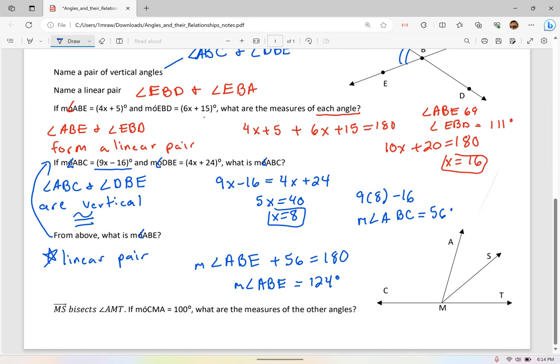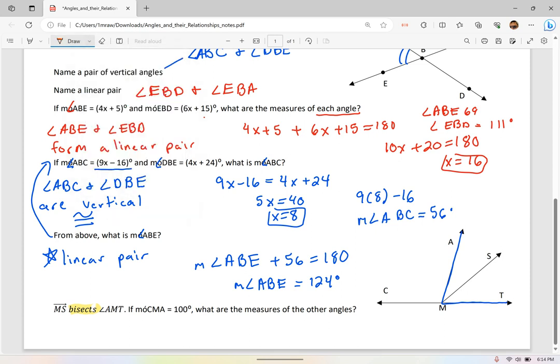Okay, last one. Keyword here: MS bisects angle AMT. The keyword is bisects, so it's going to cut angle AMT into two equal angles.